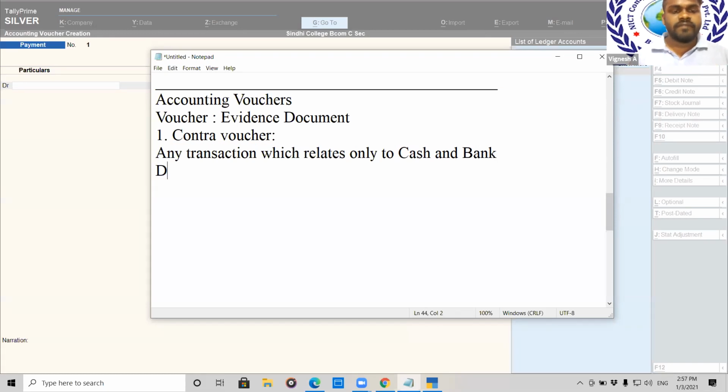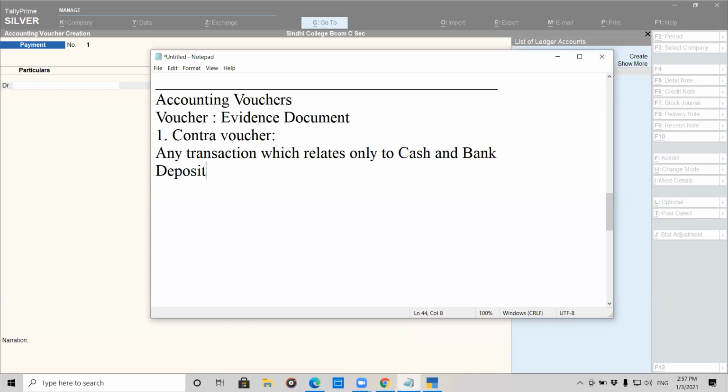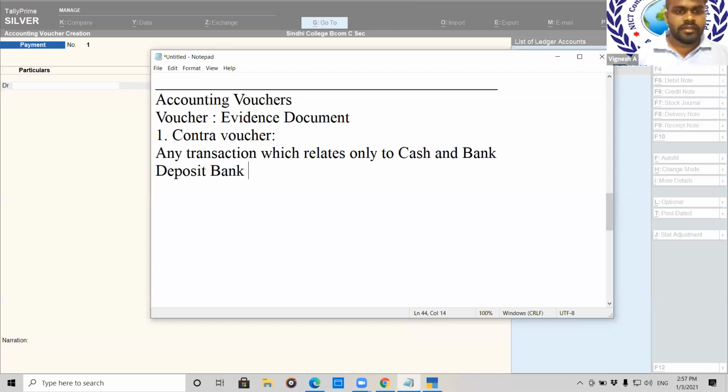For example, when we make a deposit, what is the journal entry we do? Bank account to cash account, right?